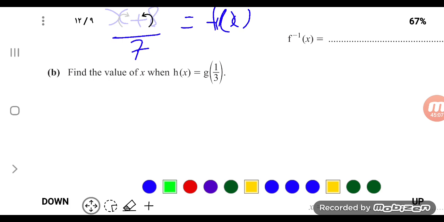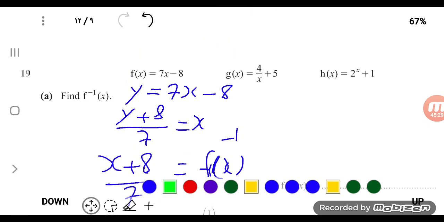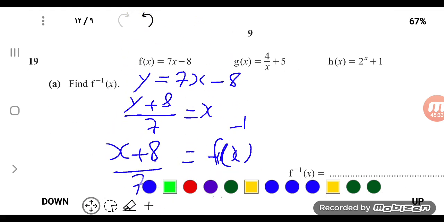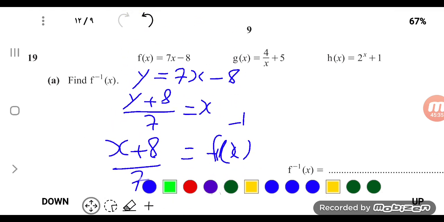So what we have to do here, you have to see that here you have two sides of the equation. So you have to find g(1/3) and h(x) is given to you in the question. So h(x), what is it? 2 to the x plus 1. And g(1/3), what is it? You plug 1/3 for x.